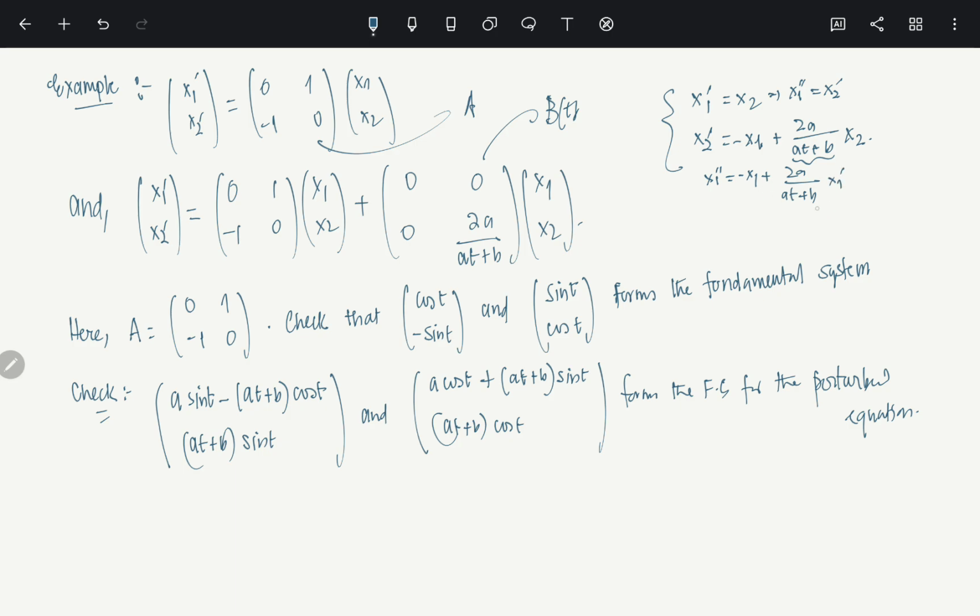So this is basically a second order equation, and you know how to solve a second order equation. You can use power series expansion, or you can directly put these two fundamental solutions in this equation and see whether they satisfy it.